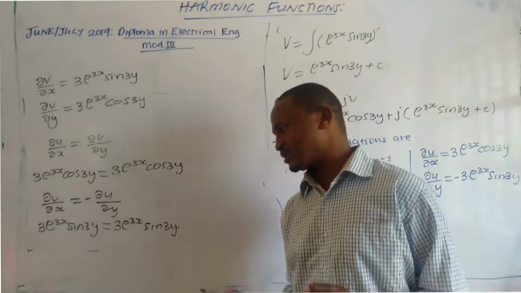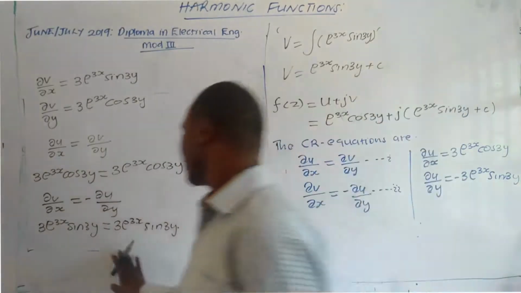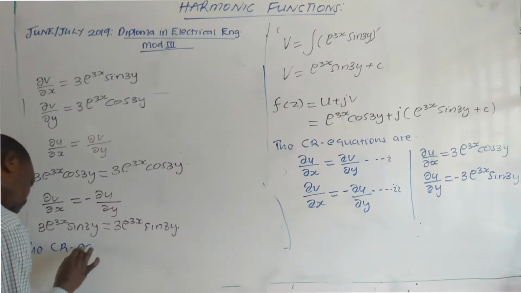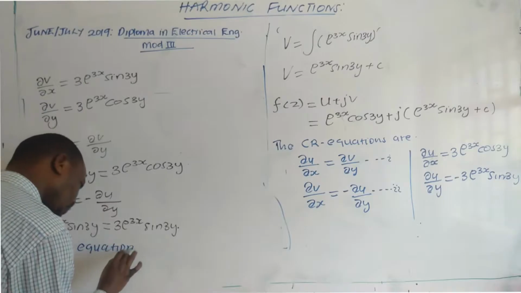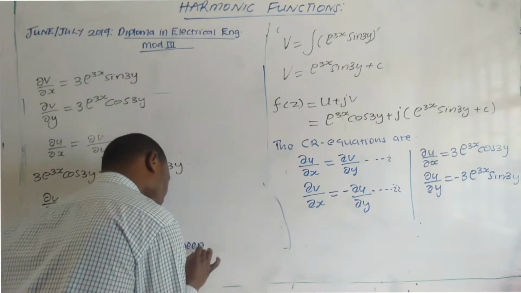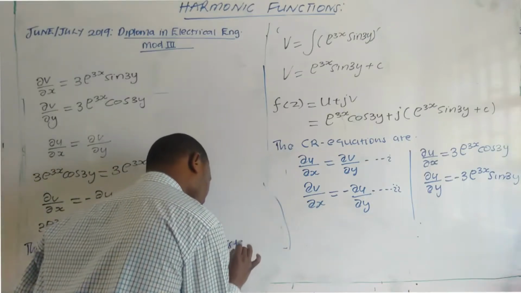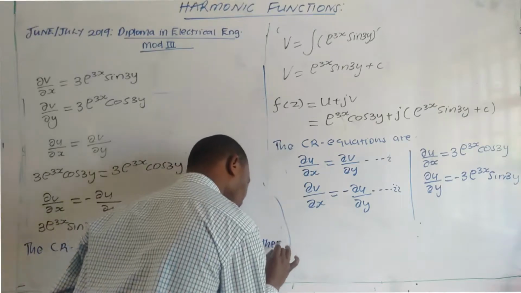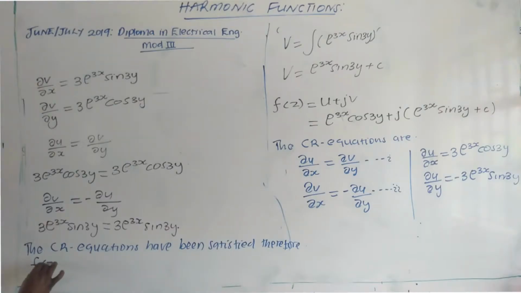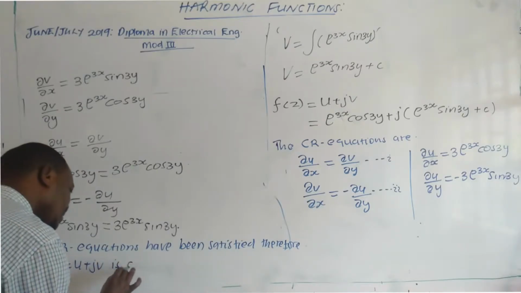And that shows that, you can make a statement and say, the two CR equations have been satisfied. Therefore, the function of z, or function of complex variable equal to u plus jv, is analytic.